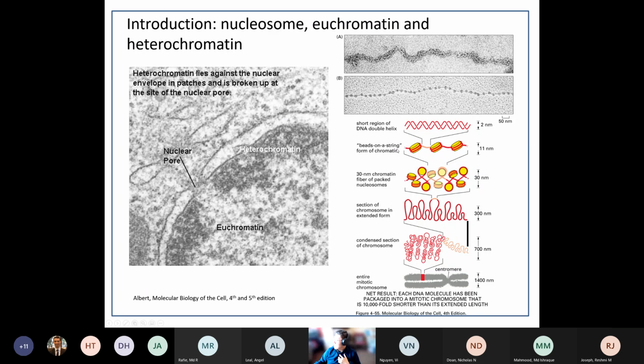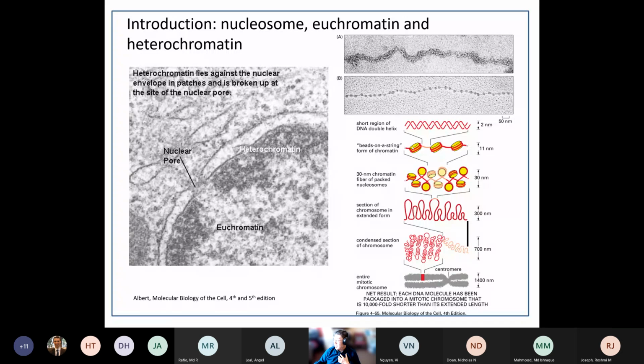The first level of that packaging is the so-called beads on a string structure. This is the fundamental primary structure of chromatin. The beads are histones.